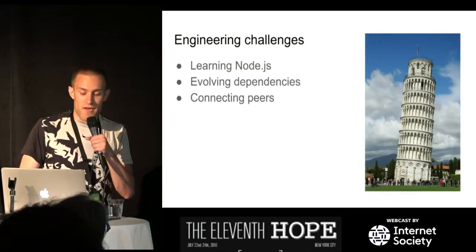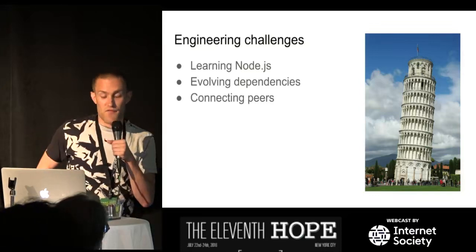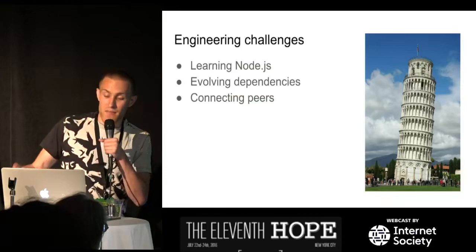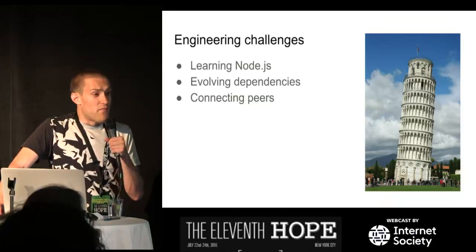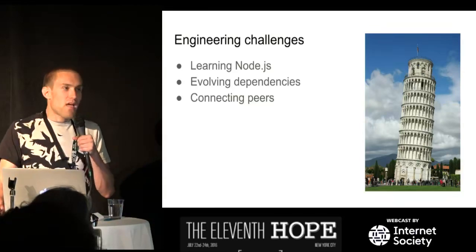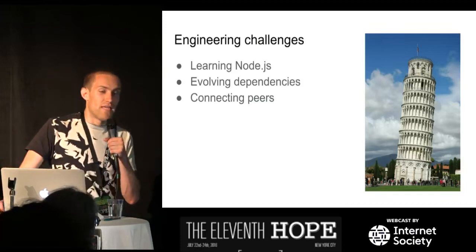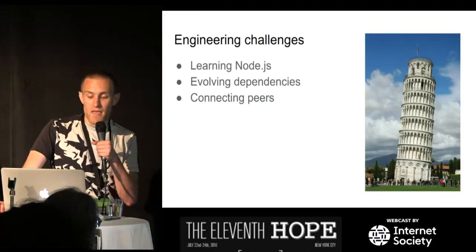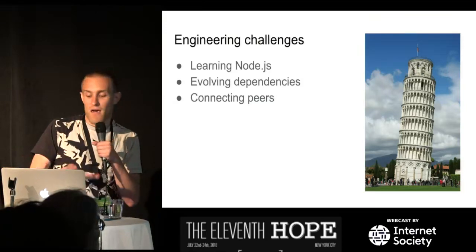Some of the challenges I ran into: I'm not originally a JavaScript guy, so learning Node was at times frustrating, but that's been overall fun. I'm using a lot of pretty new dependencies, which means they have more bugs, but also they change faster. And I have to be ready for libraries that are changing out from underneath me.